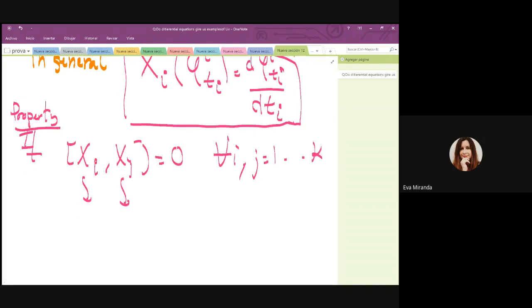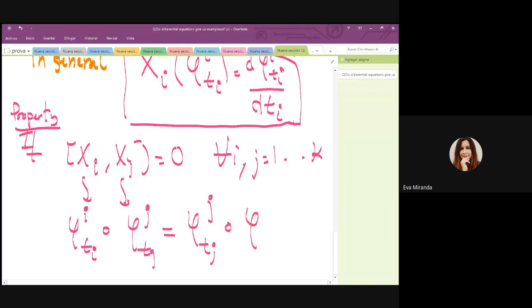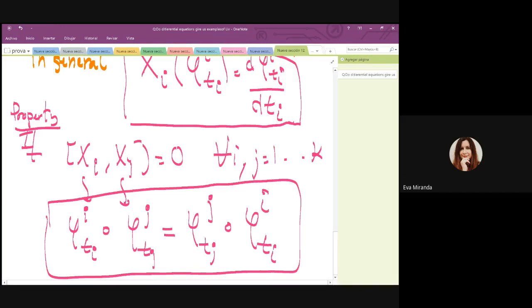Then their flows, phi super i Ti, composed with phi super j Tj, is going to equal phi super j Tj composed with phi super i Ti. That's something I'm going to assume, okay?